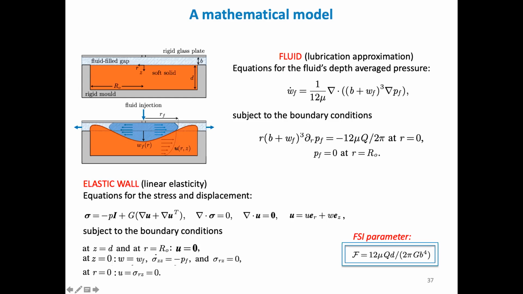The first one is geometrical, and I'm not dwelling on it too much here. I want to stress the second one, which is the fluid structure interaction parameter, which relates fluid stresses to elastic stresses in this system. And this turns out to be the key parameter for explaining why we have this choking flow.